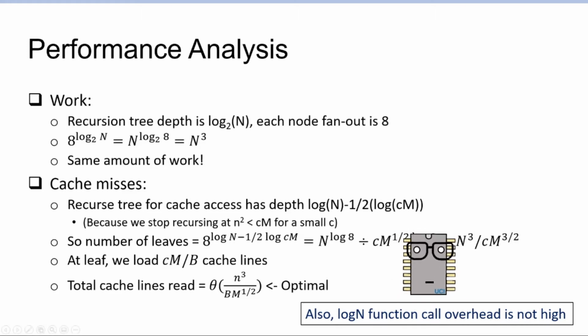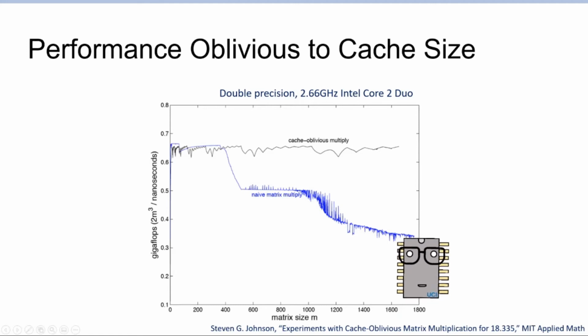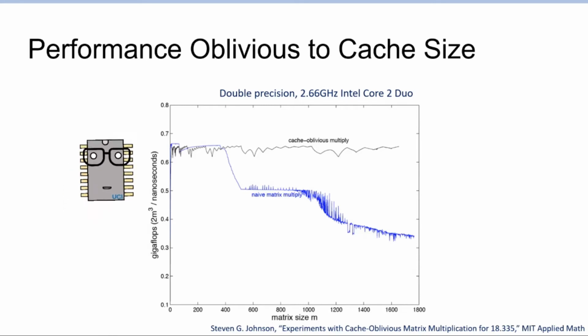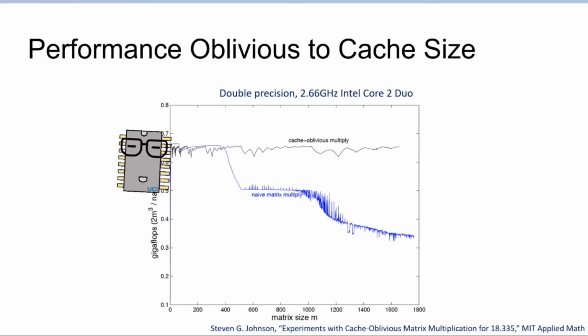And here are some performance numbers from this approach. This was taken from course slides from somewhere. If we compare the performance of a naive matrix-matrix multiplication with no cache effects against the cache oblivious implementation, when the matrix is very, very small and the whole thing fits inside L1 cache, and we don't have to worry about caches at all, both approaches have pretty much the same performance.